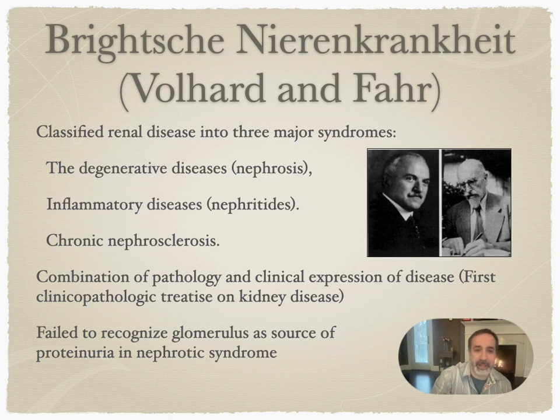They classified renal disease into three major types: degenerative, inflammatory, and sclerotic disease, and they did so by combining clinical findings with pathologic findings, which was the first treatise of its kind. It did have limits. For instance, they failed to recognize the glomerulus as the source of proteinuria, but it was a brilliant start to the 20th century.